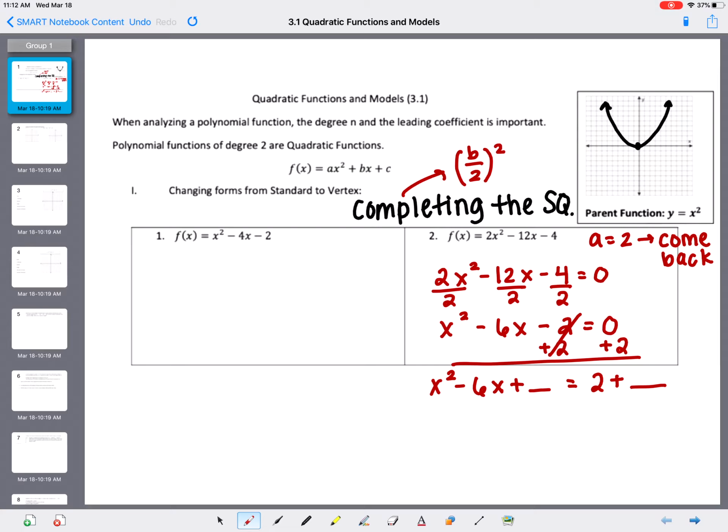To get our new c, we need that formula that I've highlighted up here: b divided by 2, squared. For this particular problem, my b value is -6, and I get that right here. So when I take -6 and divide it by 2, I should get -3. -3 squared should give me 9. So I'm going to add 9 to both sides.